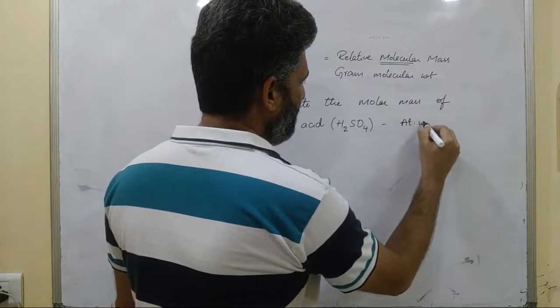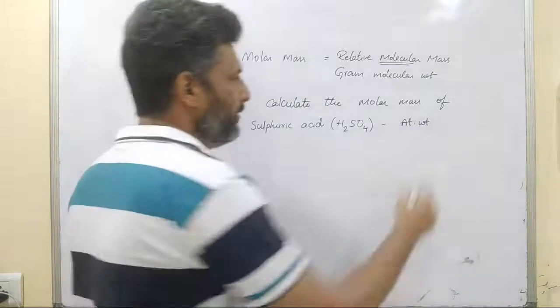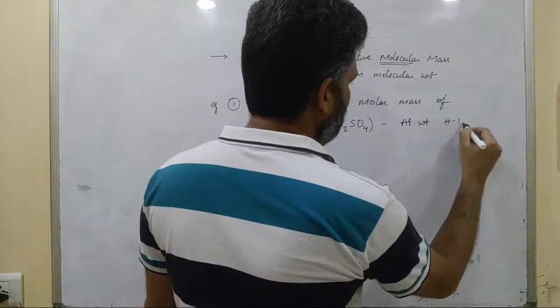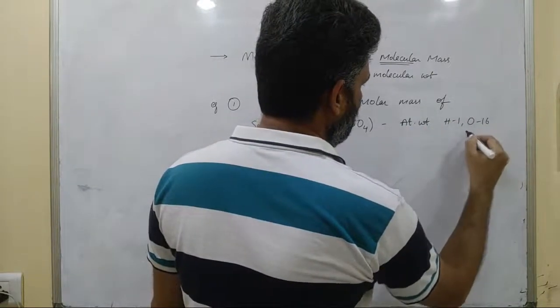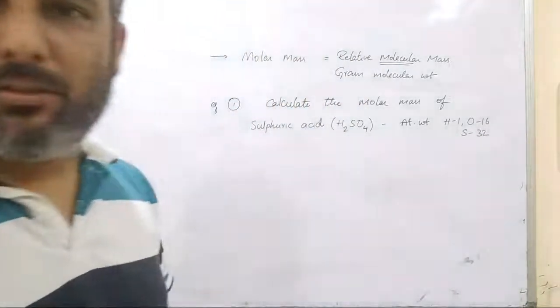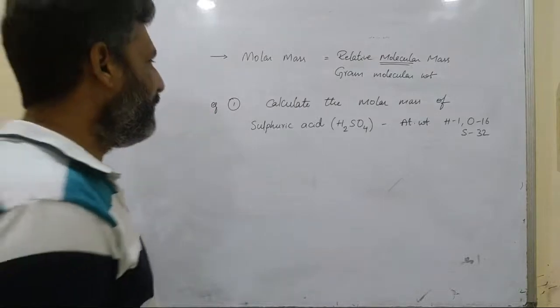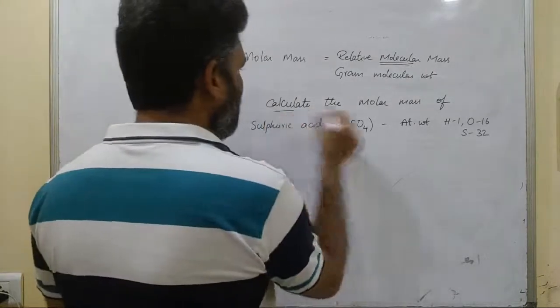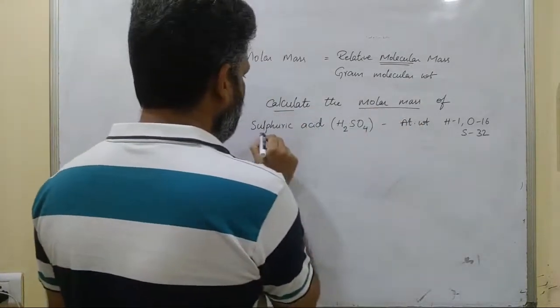Atomic weights of the elements: hydrogen 1, oxygen 16, sulfur 32. So this is the question. Calculate the molar mass of sulfuric acid.